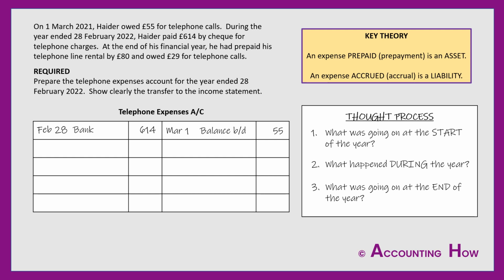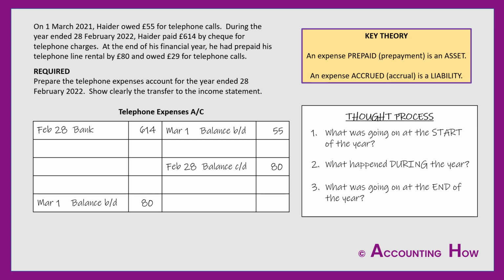Assets are brought down on the debit. So he's going to start his next year, March the 1st, with a balance brought down on the debit as an asset of 80. And using the same principle as in the previous question, I'm going to work backwards. So if that's being brought down on the debit, it needs to be carried down on the credit on the last day of this financial year, February the 28th.